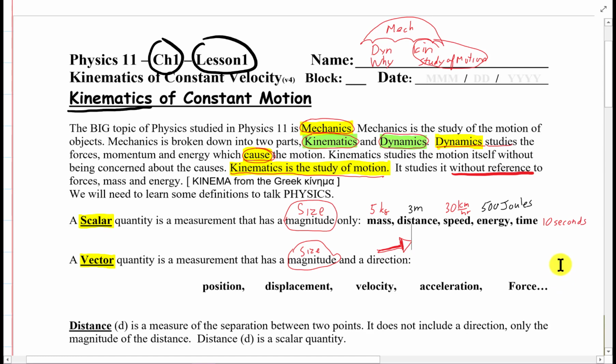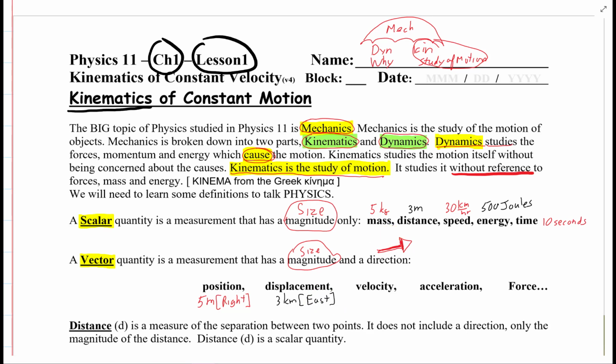Let's give example properties of each of these. A position would be 5 meters to the right. A displacement could be 3 kilometers east.